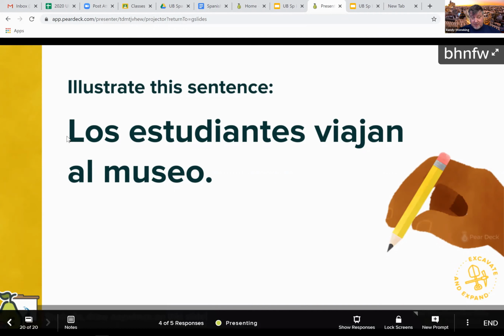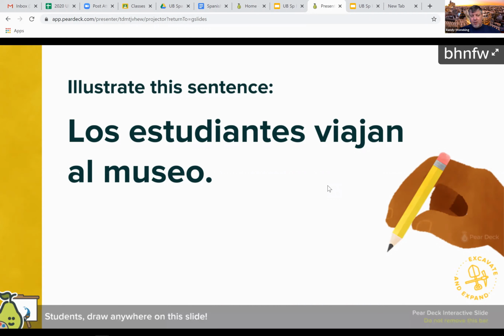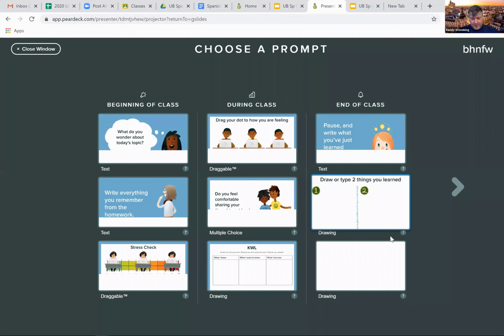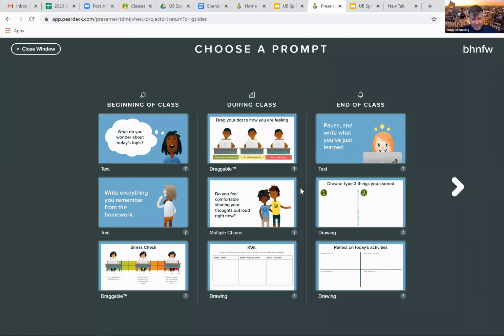So just like this, the sentence that's on our screen now: Los estudiantes viajan al museo. You choose who's doing it and use the ending that goes with it. So the verb is hablar. I want you to make me a very simple sentence with the verb hablar and then draw me a picture that goes with it. Here we go. I'm going to give you a drawing prompt here. If I can find it. Where's my drawing?